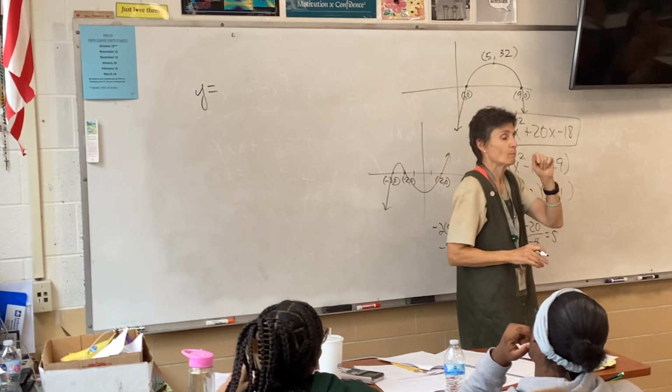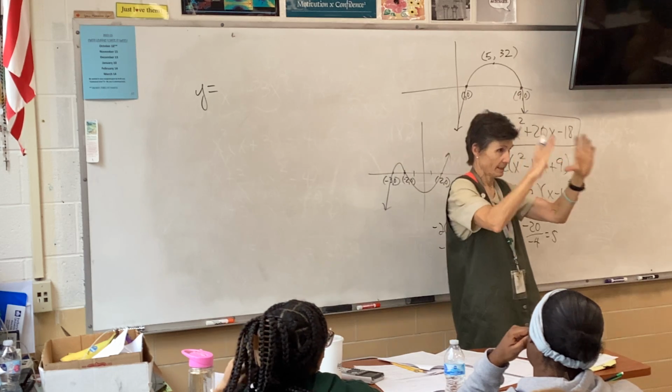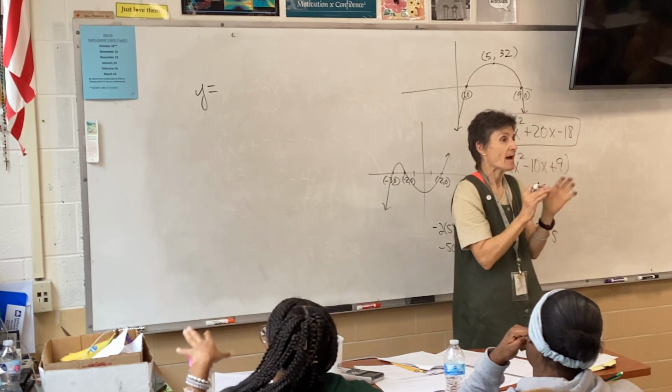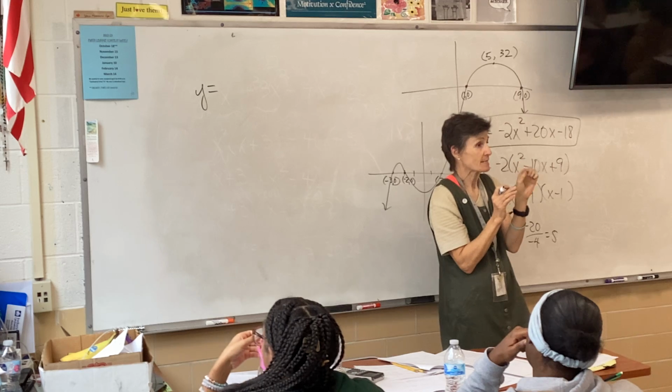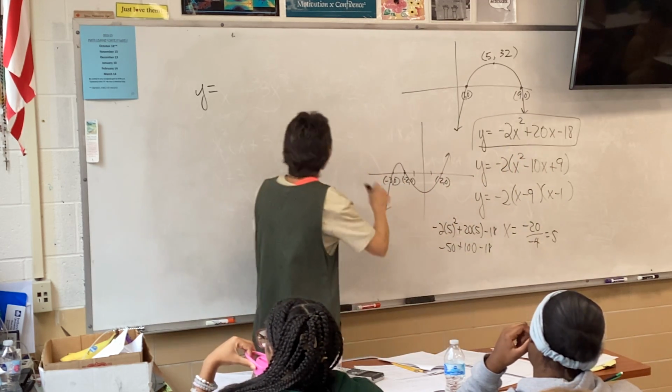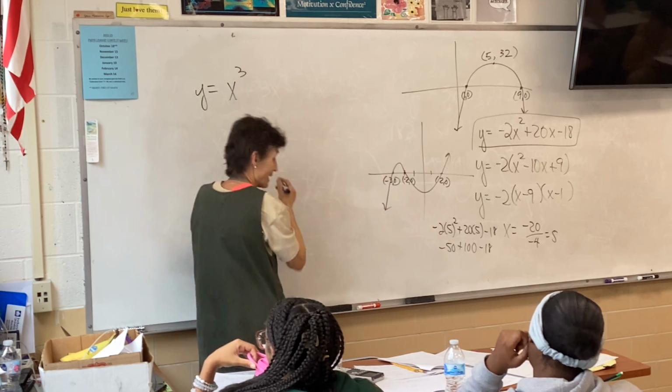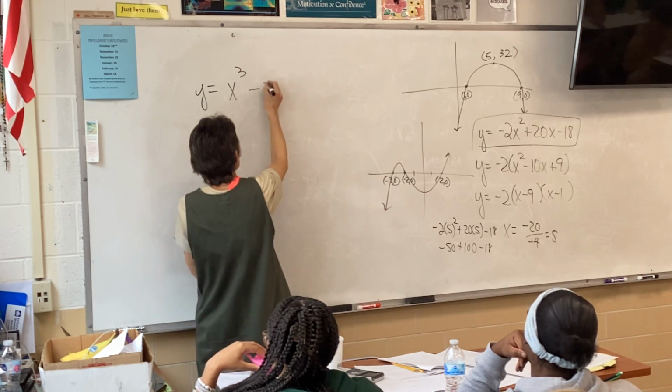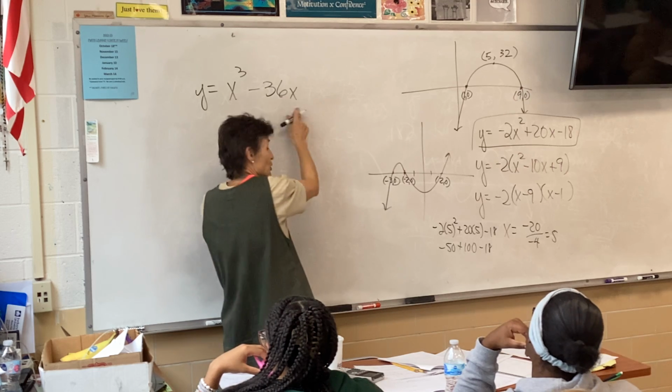Not in this problem though, because the soap and the little parentheses and the big parentheses, that is when we factor the sum or difference of cubes. Now, we definitely have x cubed, but is minus 36x a cube?